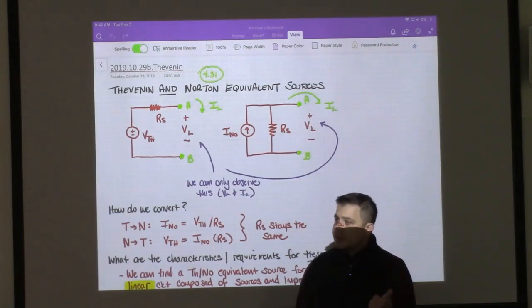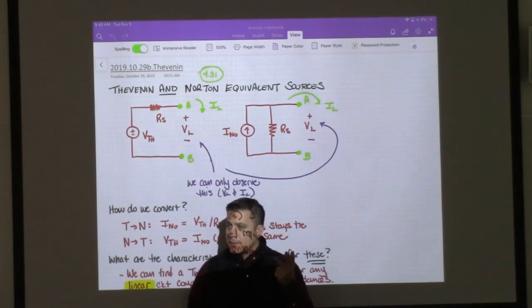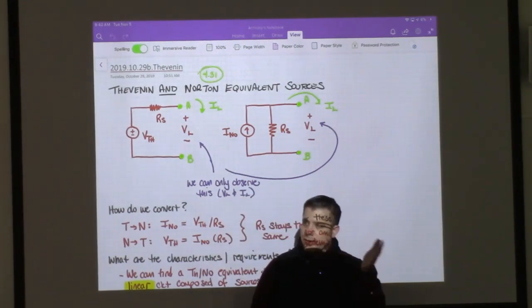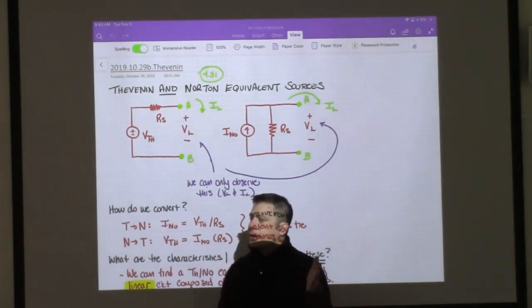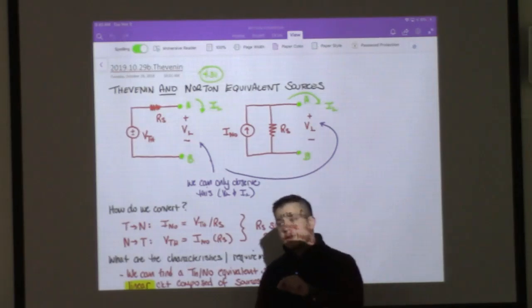So those are the 2 main primary steps. Get rid of all the sources, solve for the equivalent resistance, that's RS. Put the circuit into an open circuit, no load condition, analyze that circuit, whatever the terminal voltage is, that's VTH. Okay, now, moving on to what we're doing today.